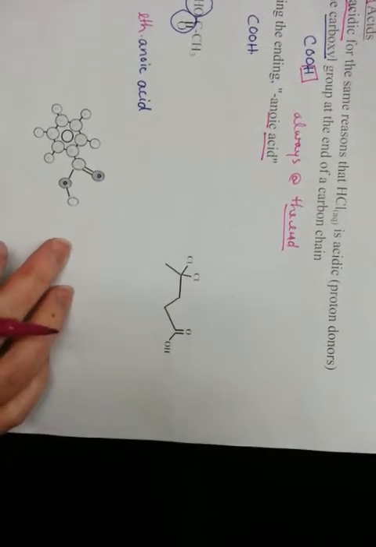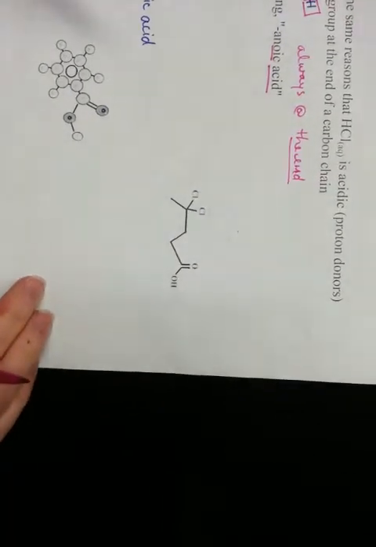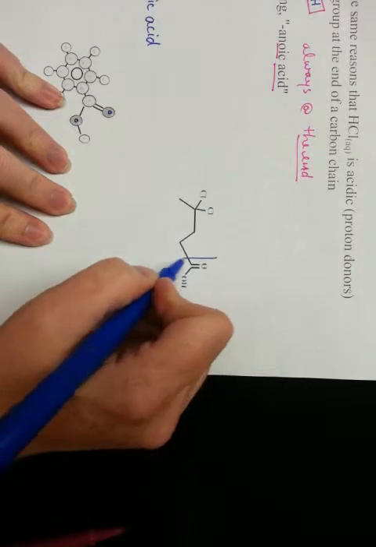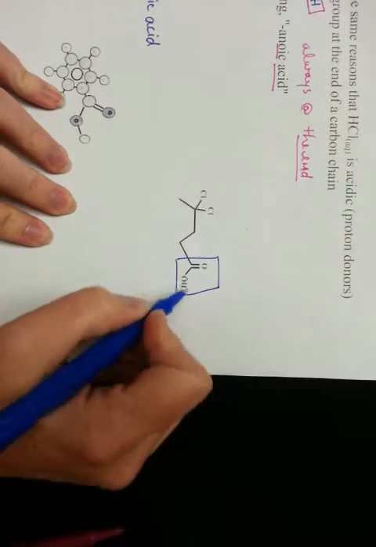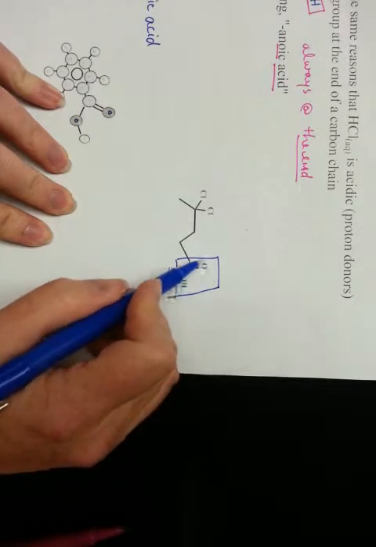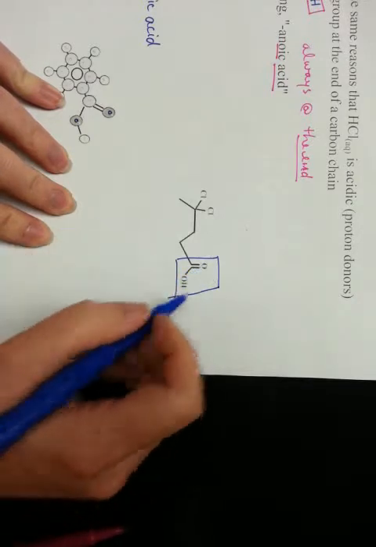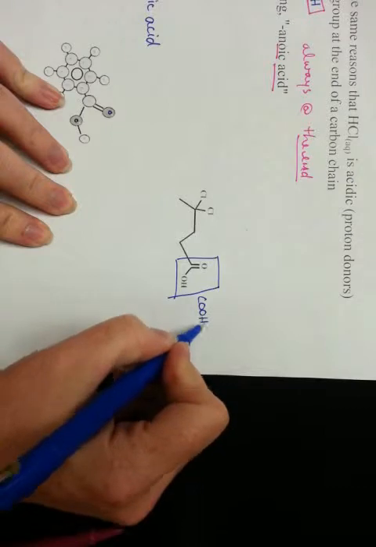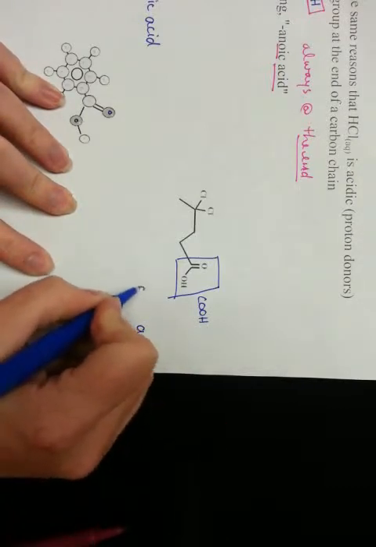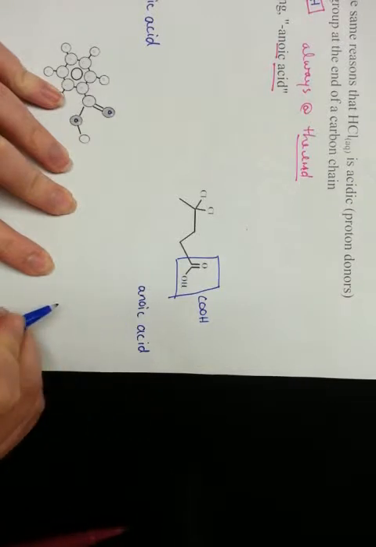We can name other carboxylic acids quite easily using the same methodology. Again, looking at what's interesting in the compound, the fact that we have a carbon attached to one hydroxyl group and one carbonyl group, making a carboxyl group, brings to mind immediately an acid that is going to end in anoic.